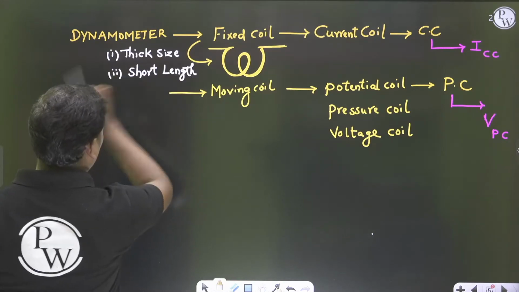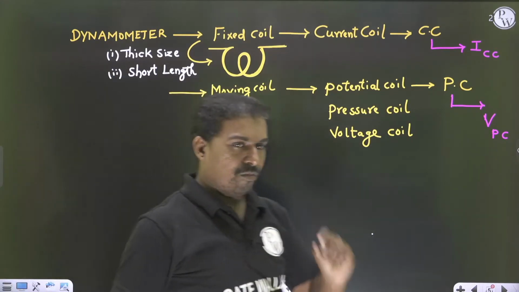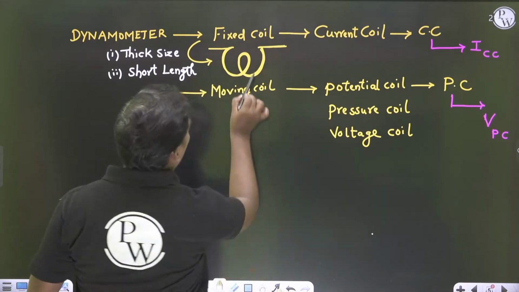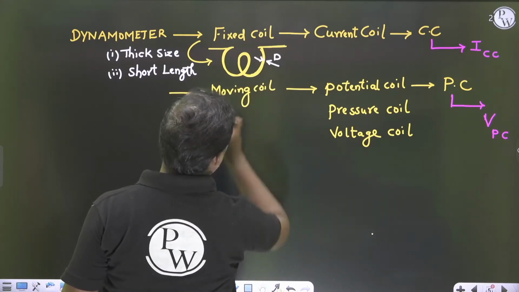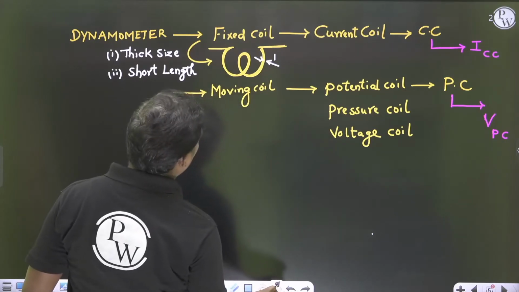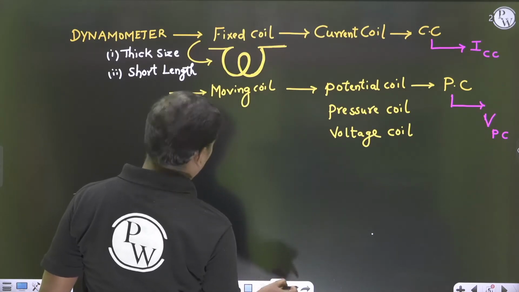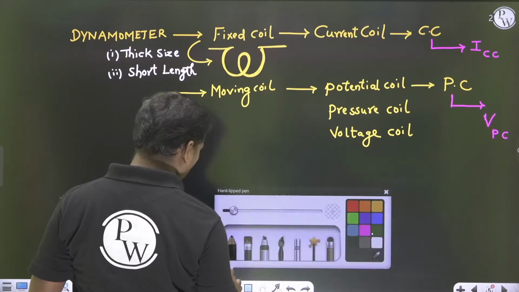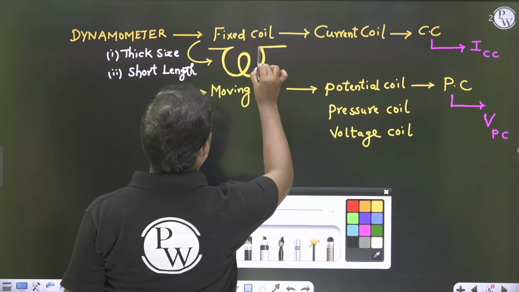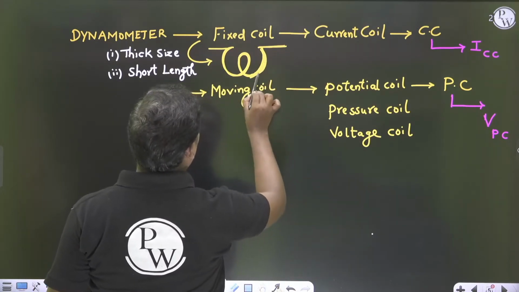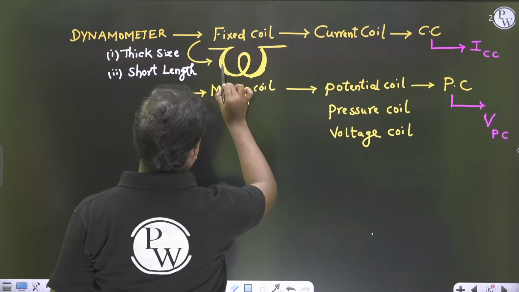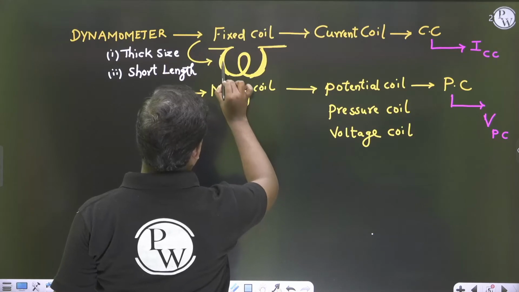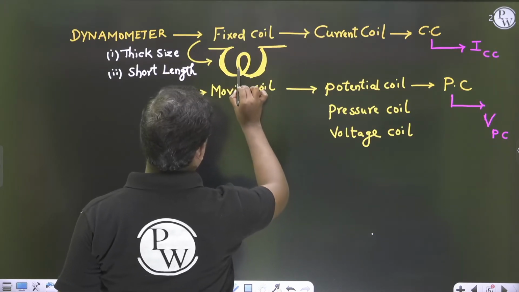Why, sir? Thick. When it is thick, what happens? Diameter is more. For example, if you take this particular thing, more thick in size, like this.